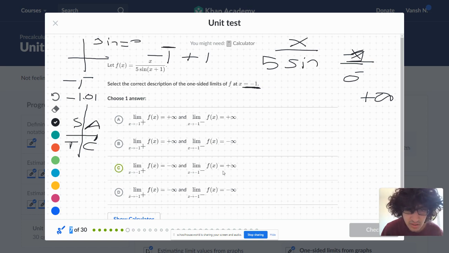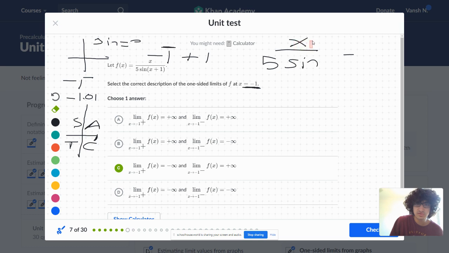Okay, and then I'll also show the work for this. I'm pretty sure they're not going to be equal to each other, but let's just confirm. So now we have negative 1 plus, which is basically -0.99, something like that. So negative 1 plus 1 is basically going to be equal to 0 plus, right?